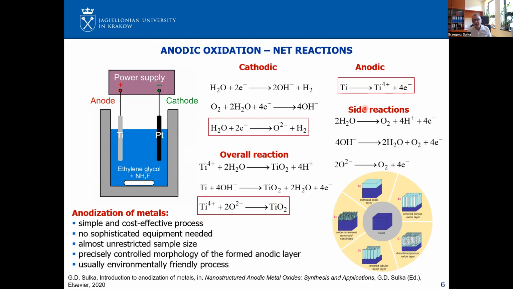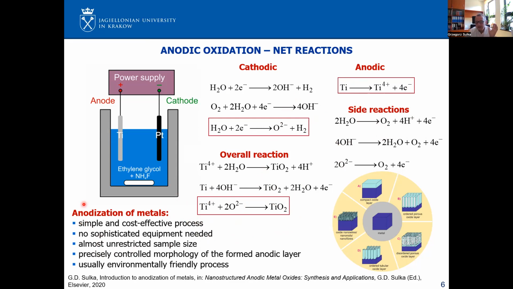Of course, at the anode, side reactions can also occur, and the main reaction other than oxidation of the metal is generation of oxygen, of course. The method is quite simple and cheap. The method doesn't need any advanced equipment.